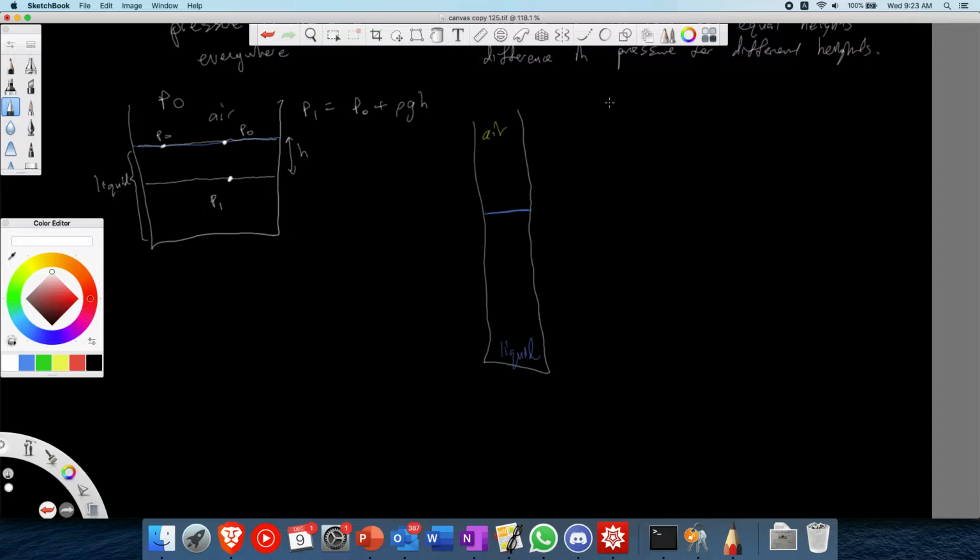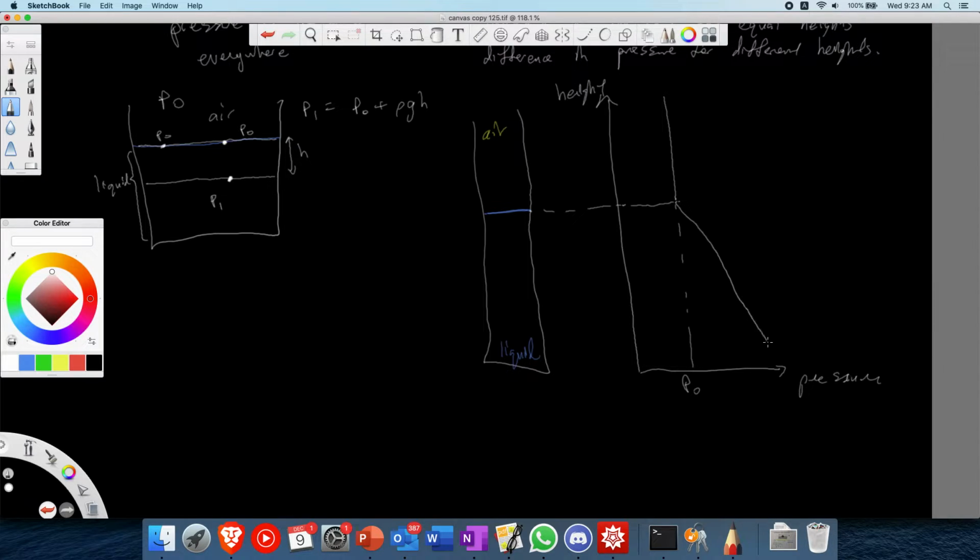If you graph the pressure with respect to position, this axis is the height and this is the pressure. What is it going to look like? Remember I said pressure is the same everywhere in air, so it's going to be P naught, and then it's going to increase. As you go lower, pressure increases.